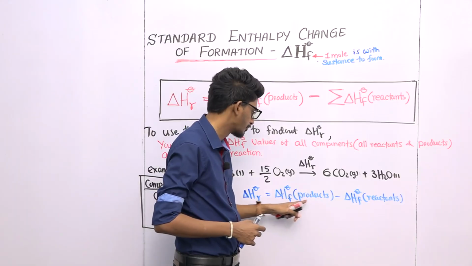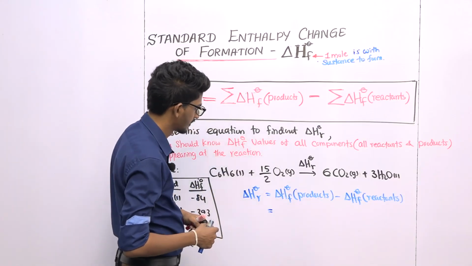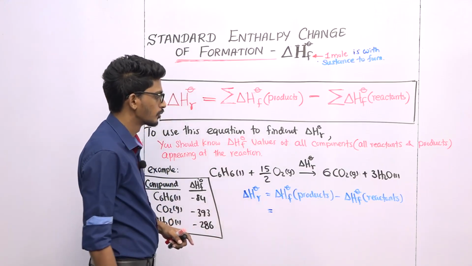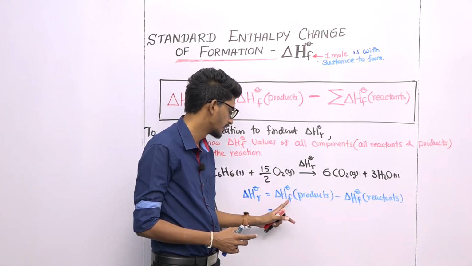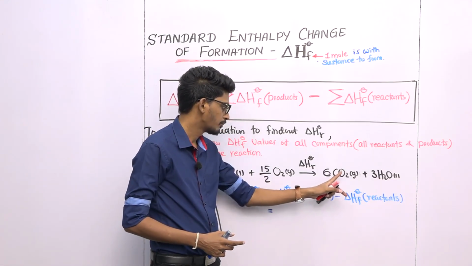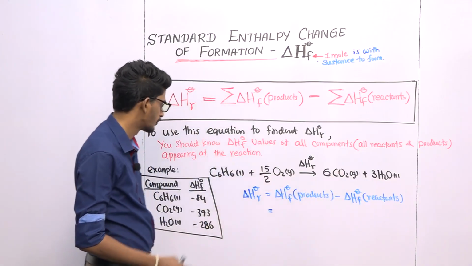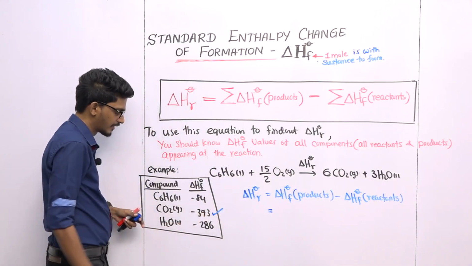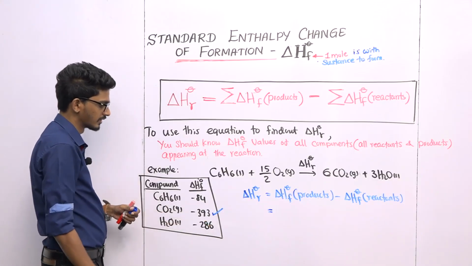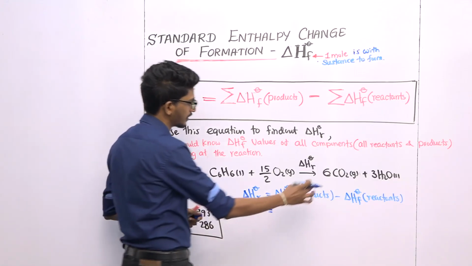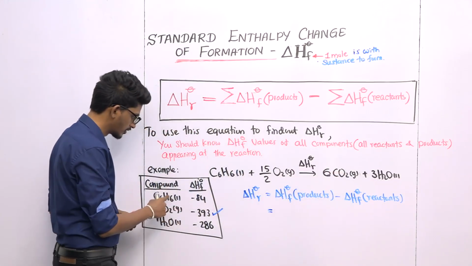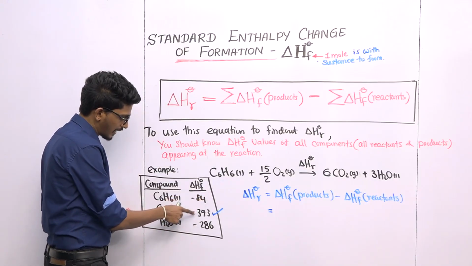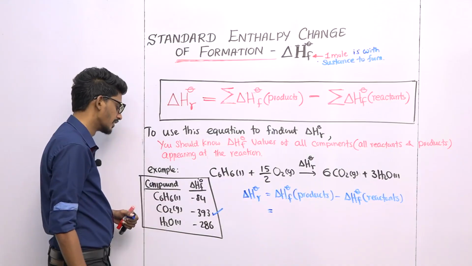So, the delta H naught values of products. What are the products? CO2 and H2O. To form 1 mole of CO2, minus 393 kilojoules of heat change is involved.